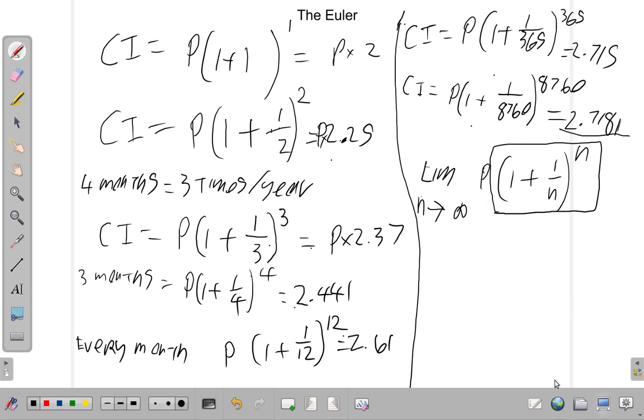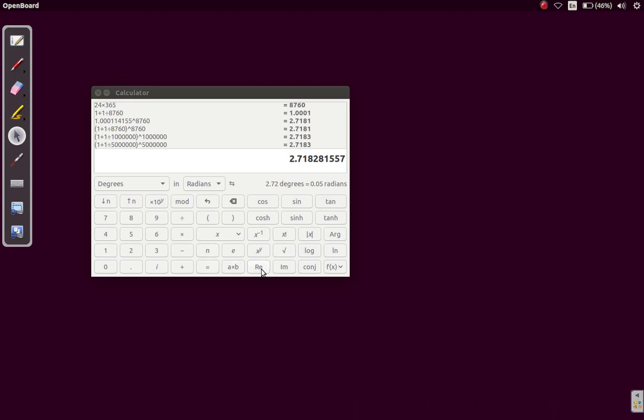Now let me see, does this calculator have it? Alright, this is E. You will see on your calculator 2.718281828, and it goes on and on. And if you look online, you will see this number, the Euler number, with many more decimals after the 2.